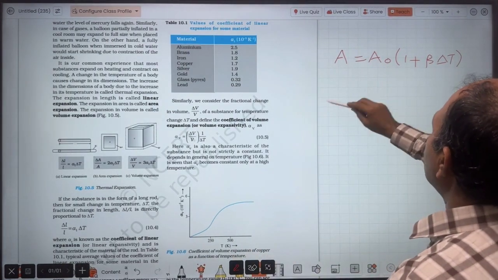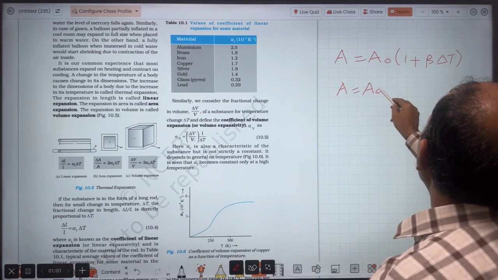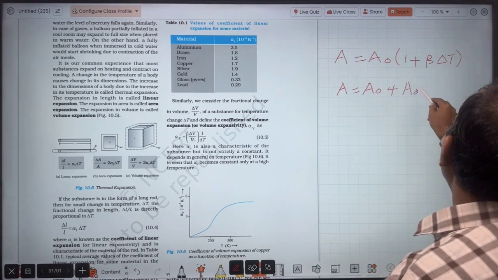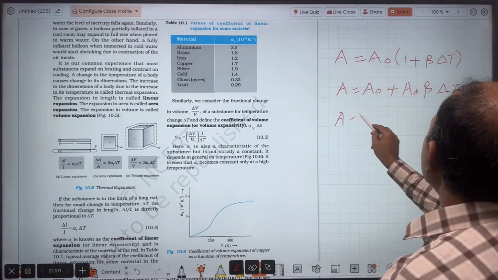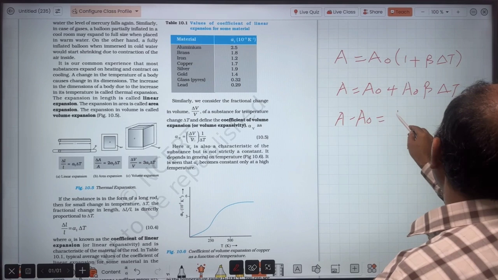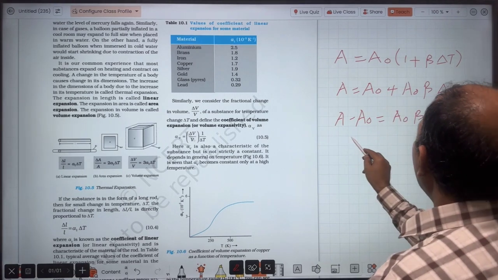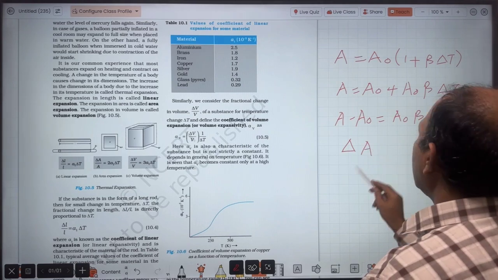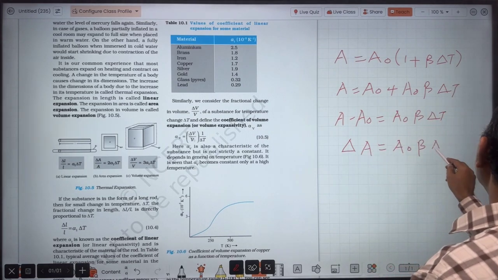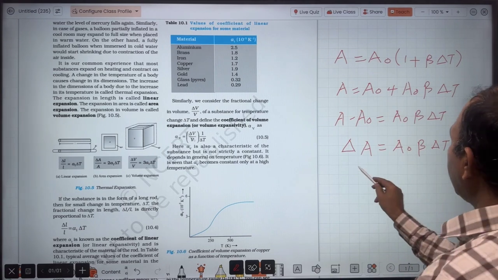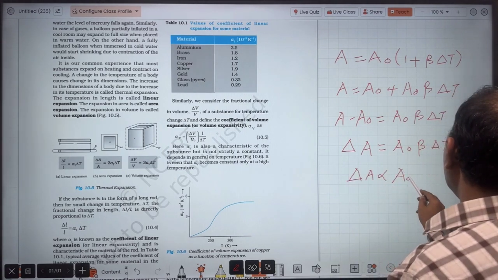Here this is initial area, or if we open the bracket, A0 plus A0 beta delta T, A minus A0 equal to A0 beta delta T, or delta A equal to A0 beta delta T, or we can say change in area proportional to original area.